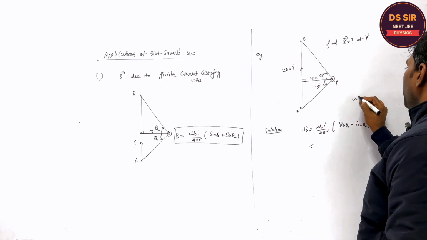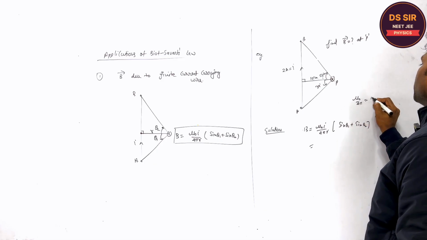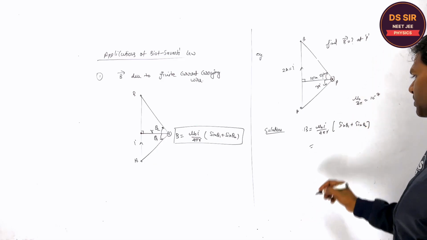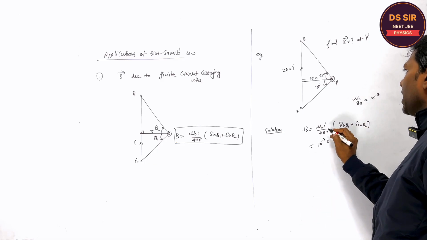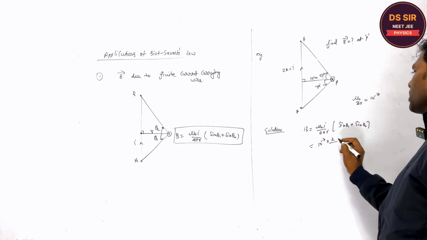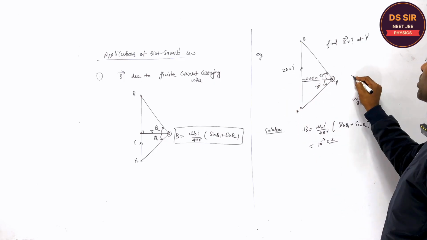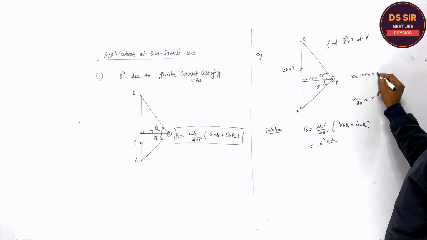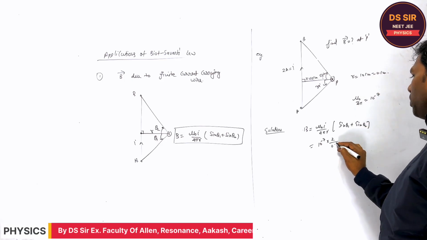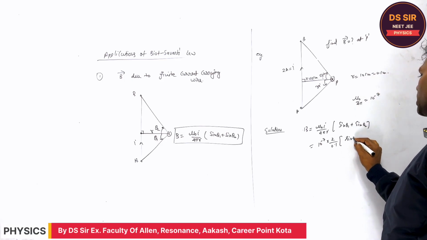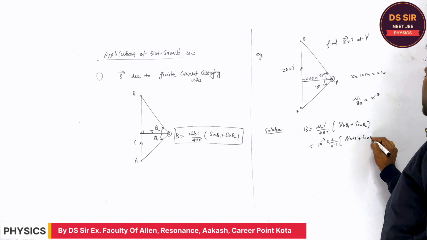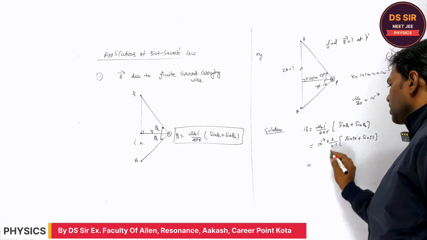The value of μ0 upon 4π is 10 to the power minus 7. The I value is 2 ampere. The perpendicular distance is 10 centimeter, 0.1 meter, and sin 37 plus sin 53.